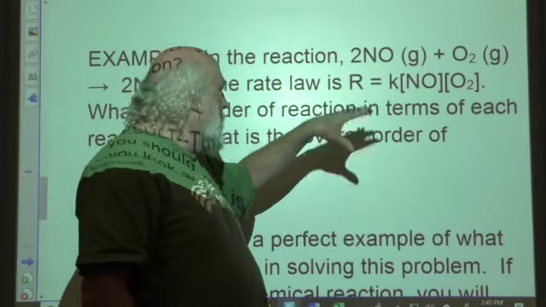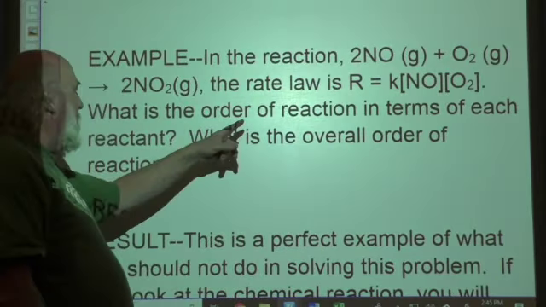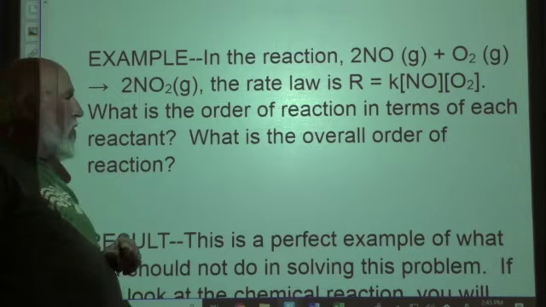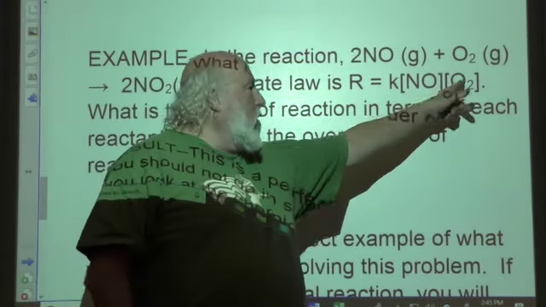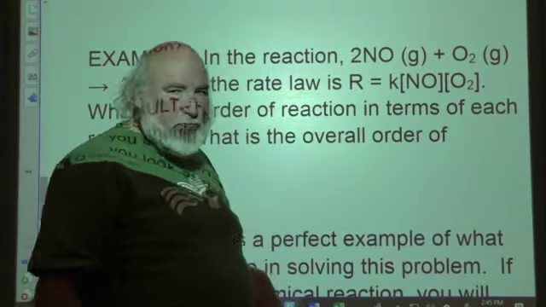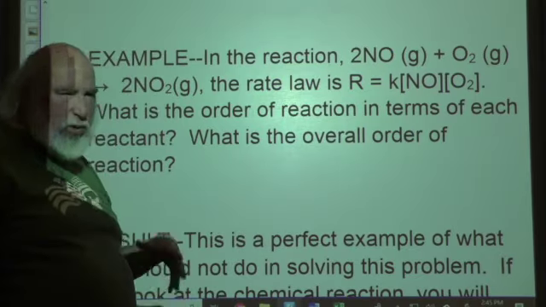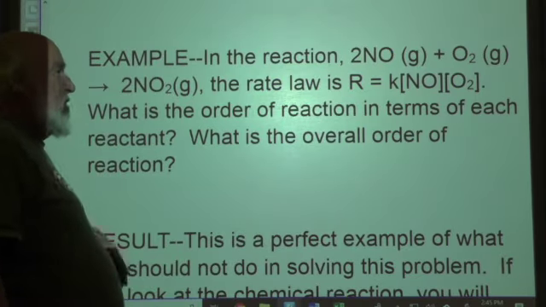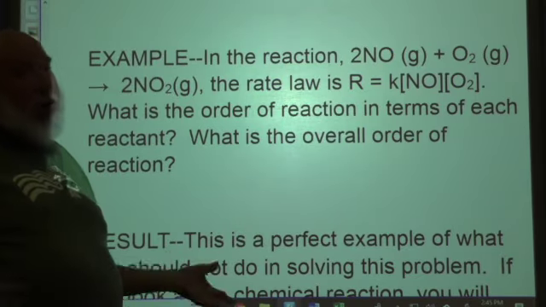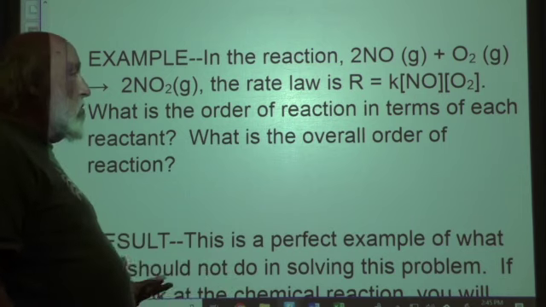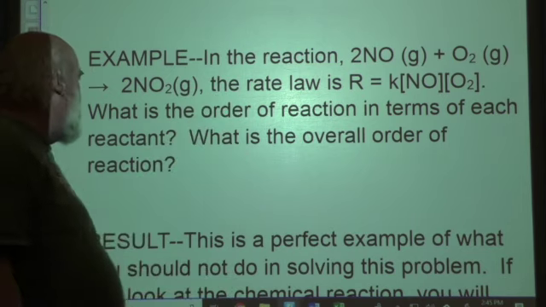So when you are being asked to find out the order of reaction in terms of each reactant, you look only at the exponents here, you ignore the equation. That's why I didn't put it in the first one, so it didn't give it away. Sometimes it's the same, in fact a lot of times it's the same, to be honest, but sometimes they're different. In this case they're different.